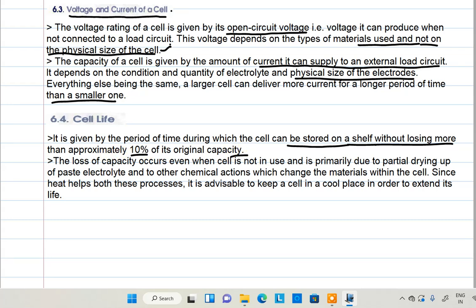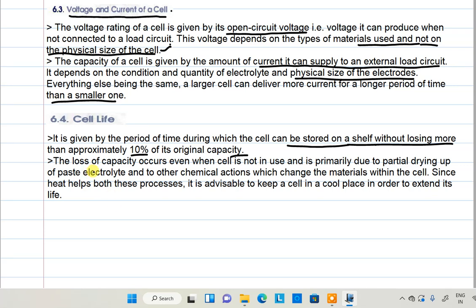That means whenever we keep batteries stored in some place without connecting to any load, approximately 10% of charge is lost, not more than that. That type of discharging is what is called trickle charging, which means some charge is being lost by the particular cell.